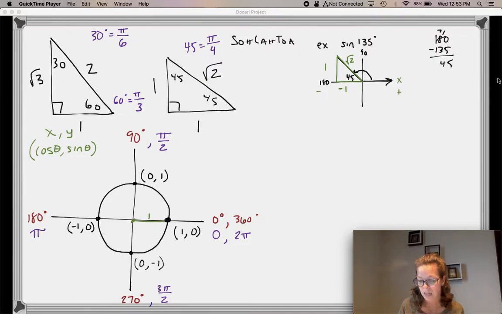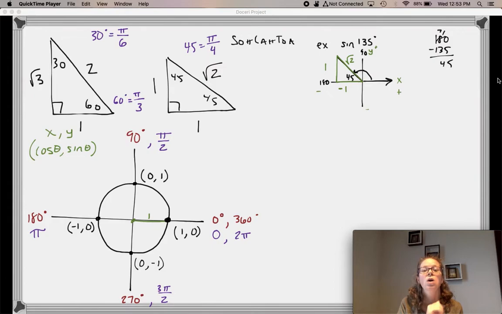For our y-axis, we have positives up top and negatives down bottom, and that 1 is going in the upward direction, so that's a positive 1 for the vertical one. The hypotenuse is always positive, no matter what direction it looks like it's going, every single time.